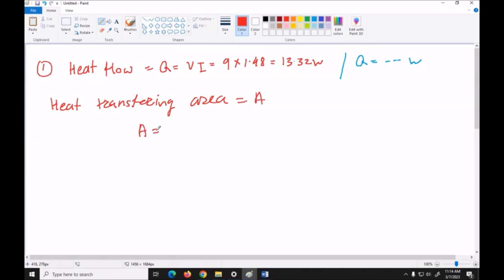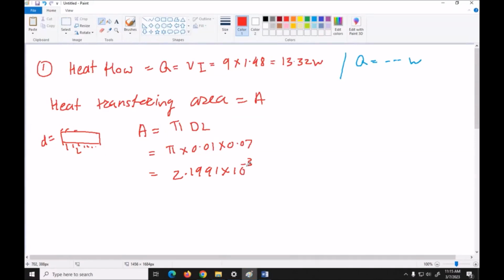A is equal to, so this is a cylinder and this is diameter D and this is L. So heat is transferred from all these cylinders. So we need to take pi D L. Answer is 2.1991 into 10 to the power minus 3 meter square.